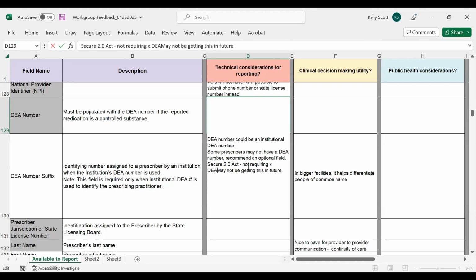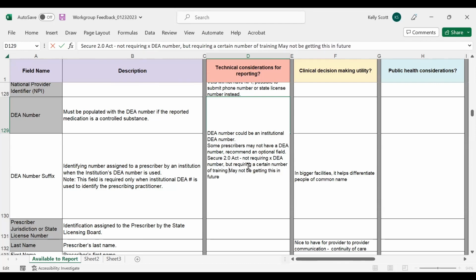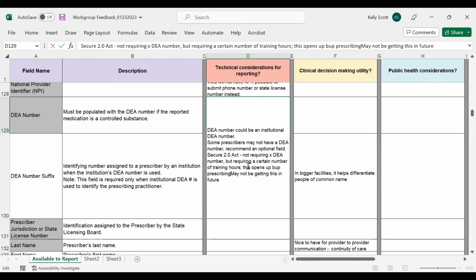So that really opens up the prescribing for buprenorphine. That went into effect late last month or early this month. The training, they mentioned a June date within that. I'm paraphrasing some of this. I can pull up the specific act and put it in the chat if I can find it.